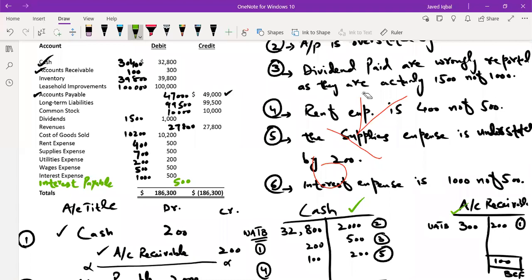So this is your new balance, 184,800. And this is the right side, 184,800, credit side.